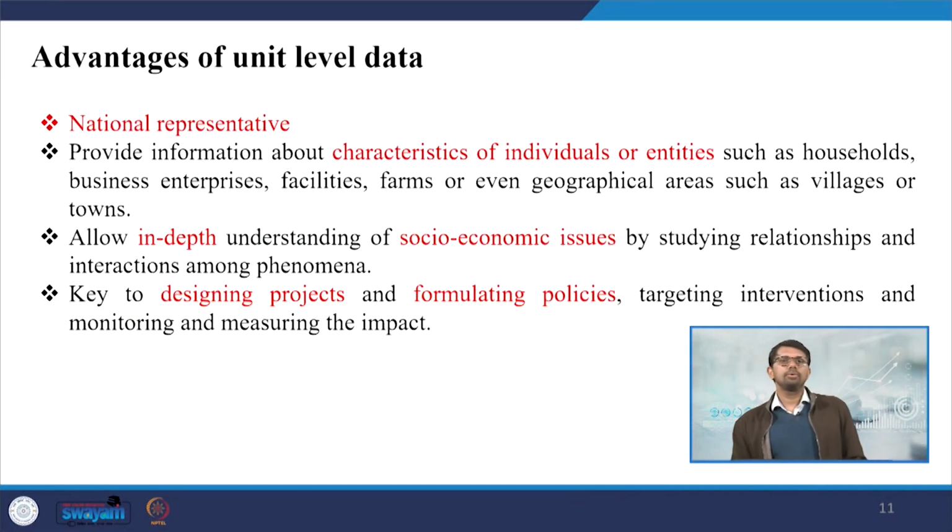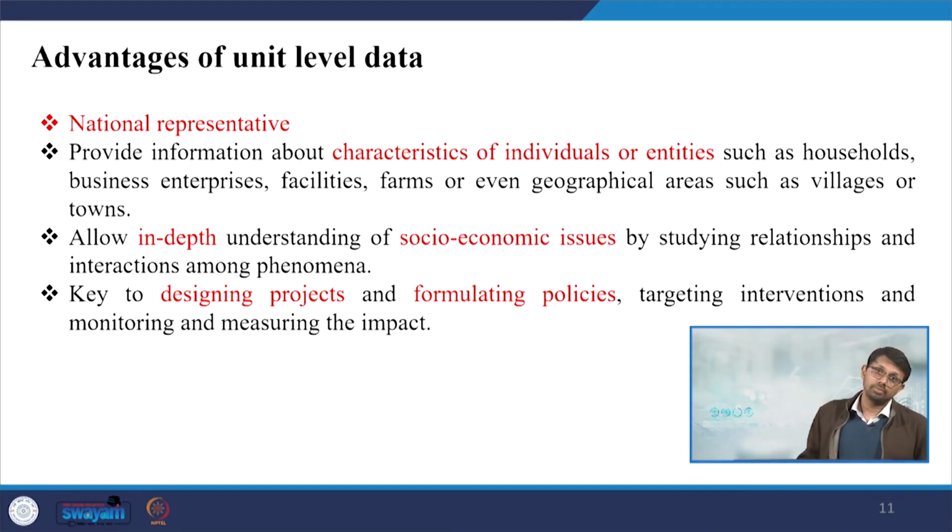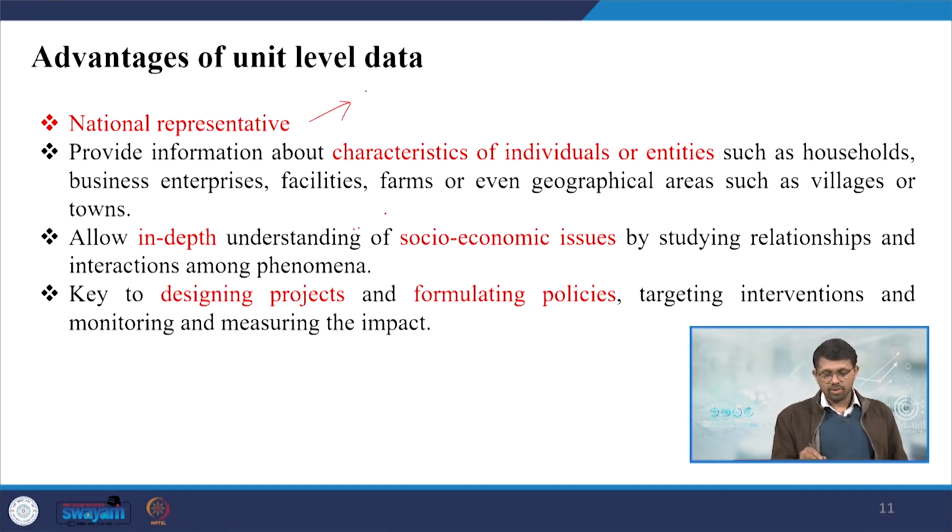There are advantages of unit level data. As I just said, these are nationally representative, not just nationally representative, it depends upon the survey. But nowadays all the surveys conducted by the Government of India or the bigger institutions usually represent the data at national level, state level and district level.